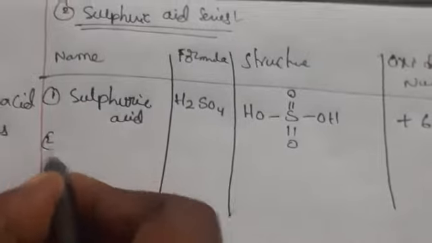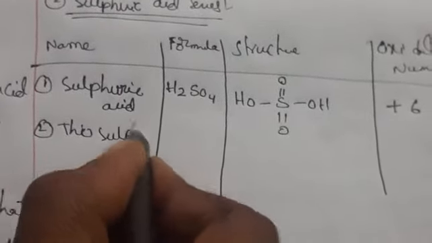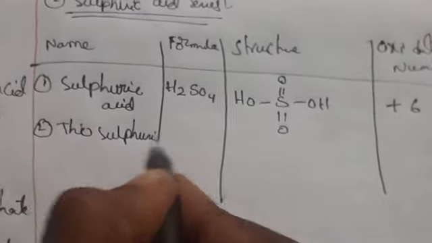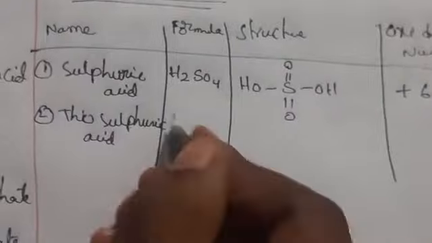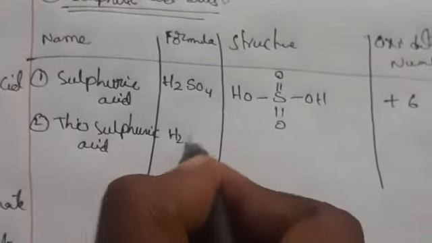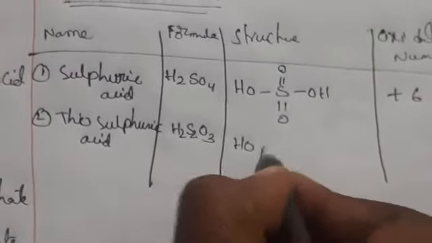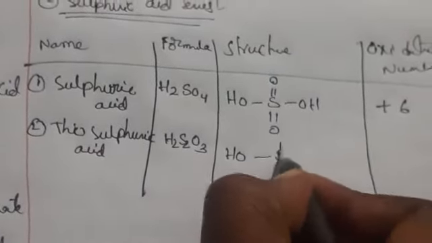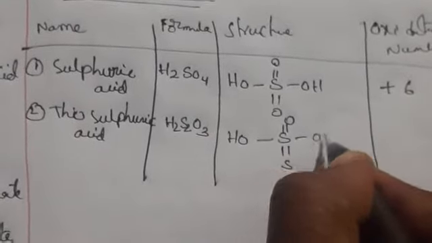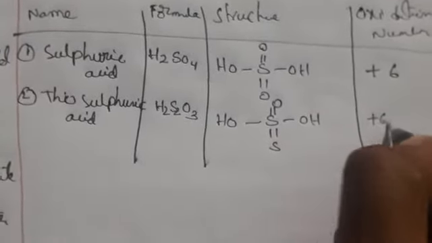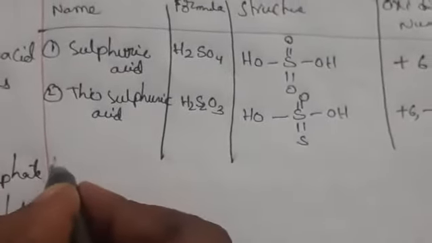And coming to second one, we are having thiosulfuric acid. Thiosulfuric acid, and it is having formula H2S2O3. So for this, it is having structure S double bond O, double bond S, OH, +6 and -2 is the oxidation state.